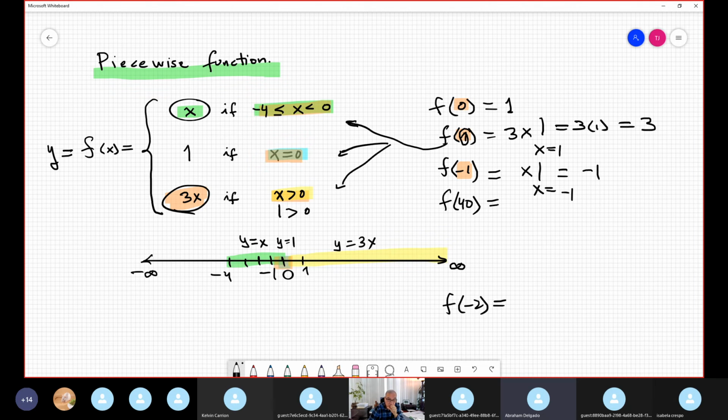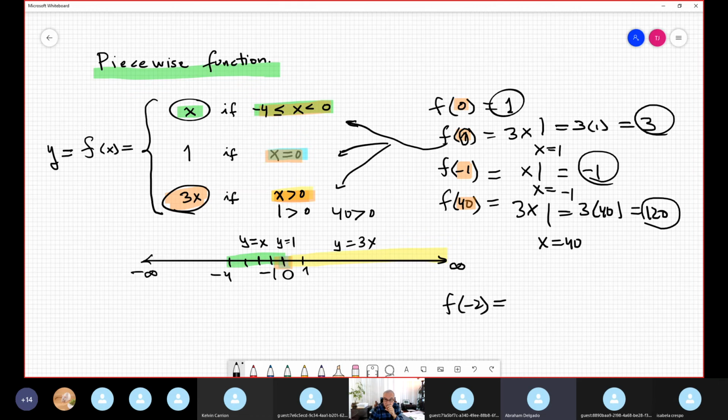And what about 40? Well, 40 is obvious que belongs to this interval because 40 is greater than 0, no? I'm plugging in 40. Entonces, the expression is 3x at x equals 40. Es 3 times 40 is 120. Boom. Este answer que hay 1, guys. 1, 3, -1, 120.